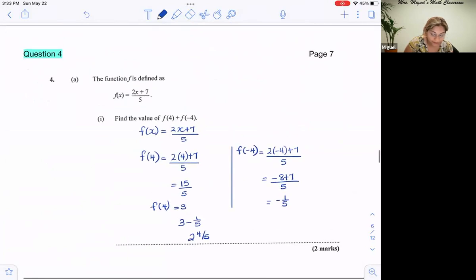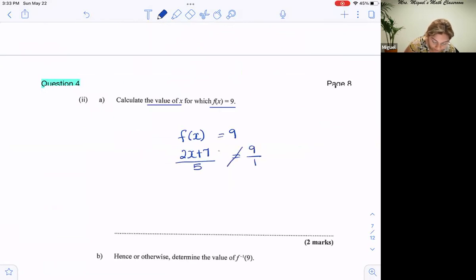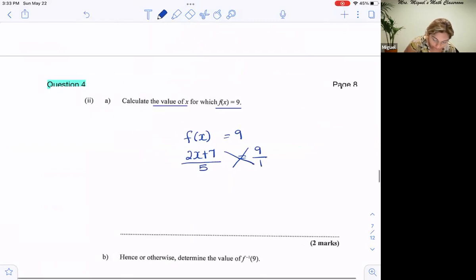So you're putting this function, 2x plus 7 over 5, equal to 9. It's a matter of cross multiplication. Crossing opposite ends of the diagonal, 2x plus 7 is equal to 9 multiplied by 5.